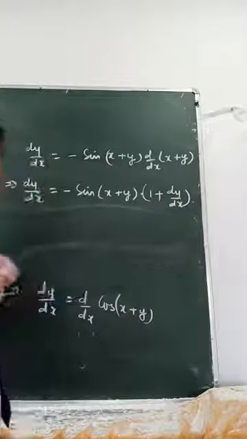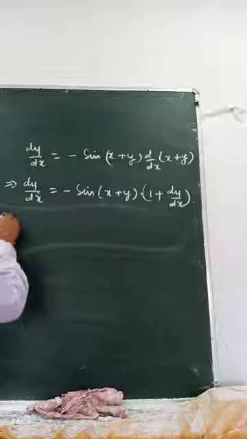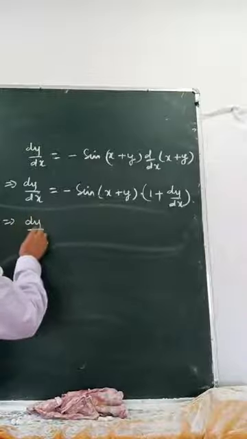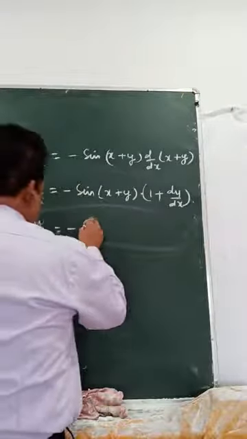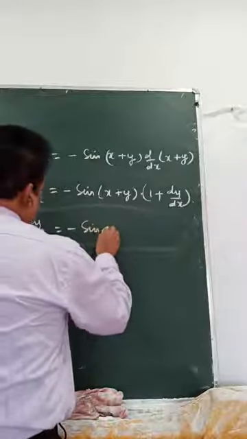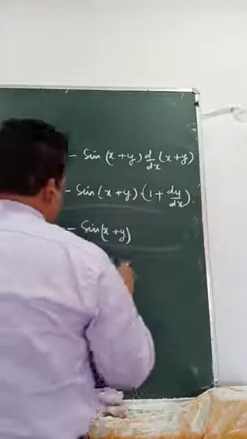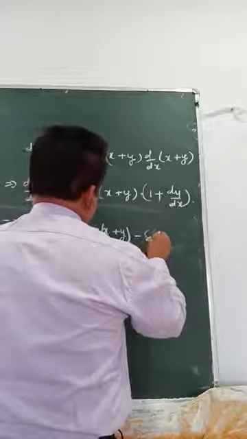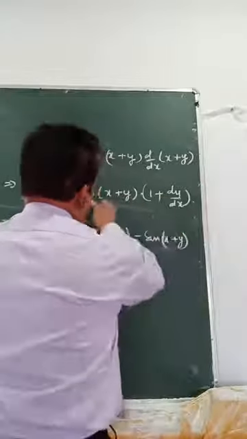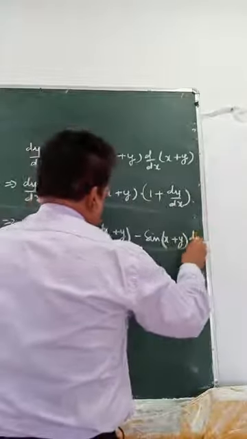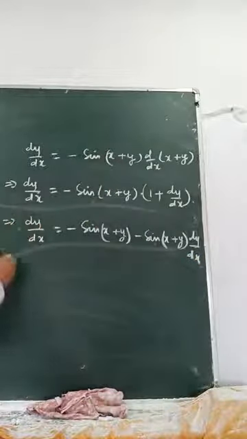Okay, we have to simplify it because you have got two parts of dy by dx. So dy by dx equals minus sin(x plus y) minus sin(x plus y) times dy by dx. I'll take this one to this side.